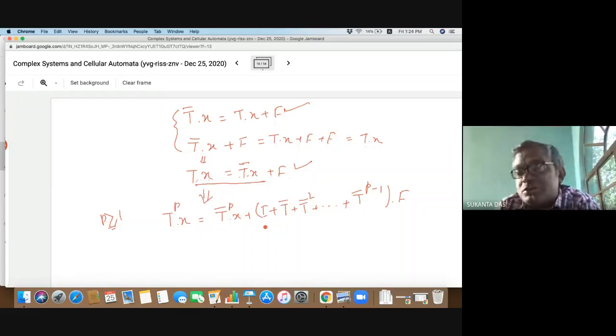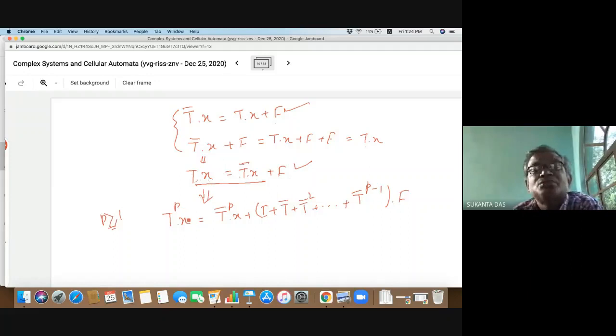If you are convinced up to this one, then we are done. That is what I am saying here: in the proof of the lemma, we have expressed T bar in terms of T and f. Now here I am saying that T can be expressed in terms of T bar and f.